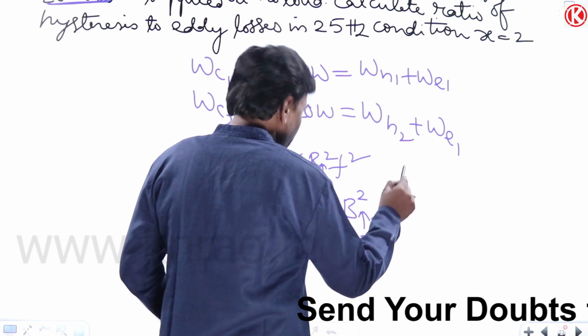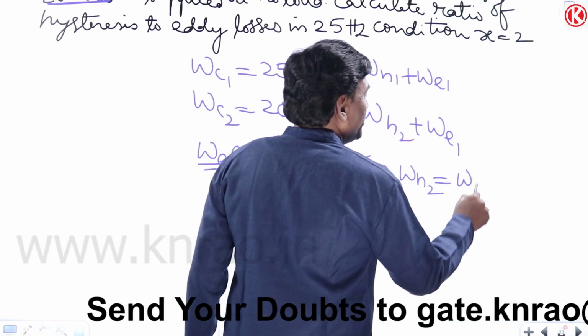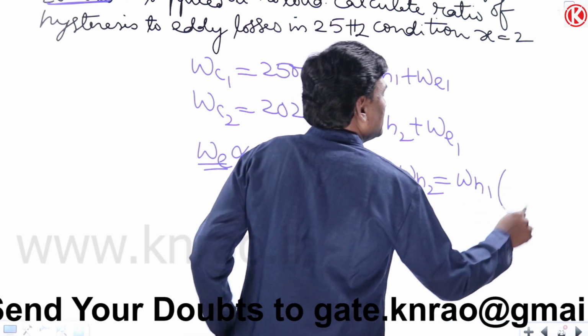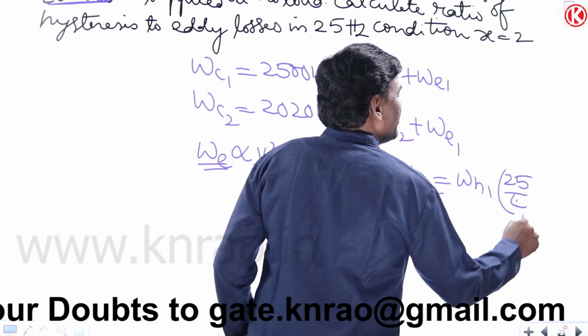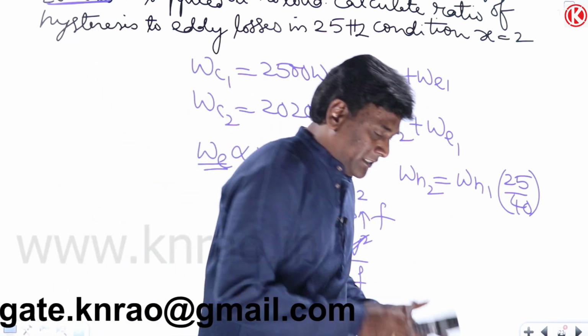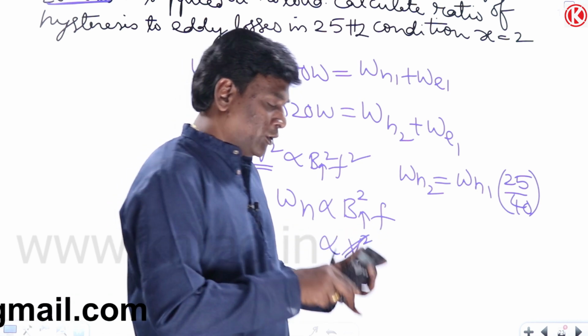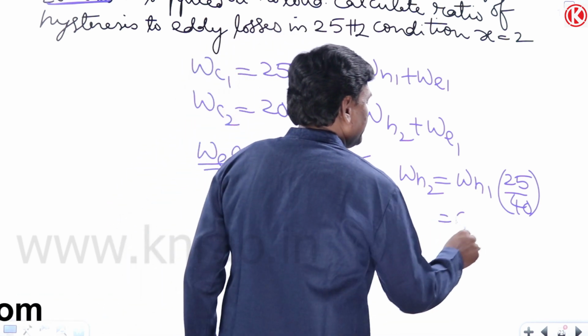So WH2 should be reduced, meaning that WH1 into reduction, first case 25 by 40, meaning that 25 by 40, 0.625 WH1.